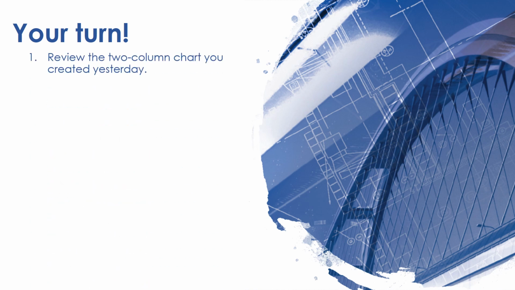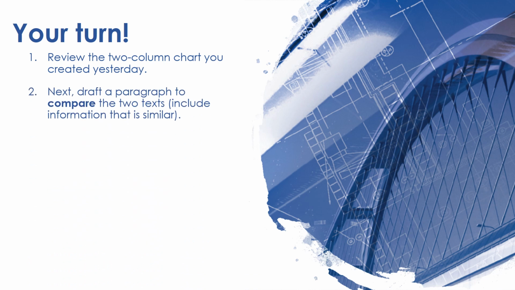First, you're going to go back and review that two-column chart that you created yesterday. You have to organize your information. What things did they have in common? What things were different about the texts? Next, you'll draft a paragraph to compare the two texts.